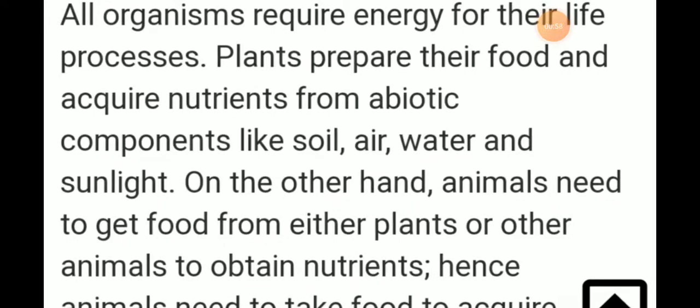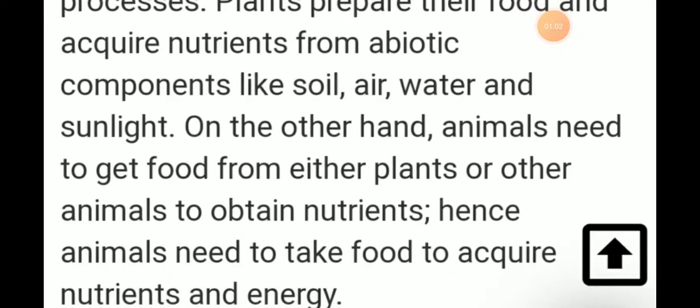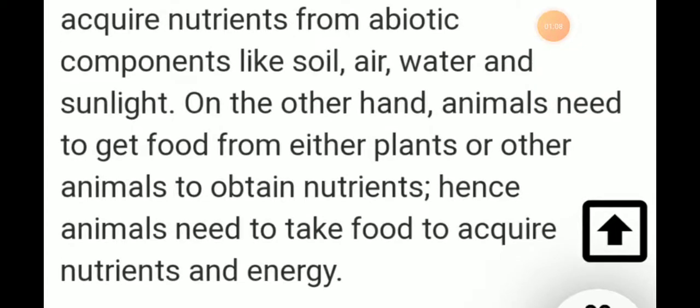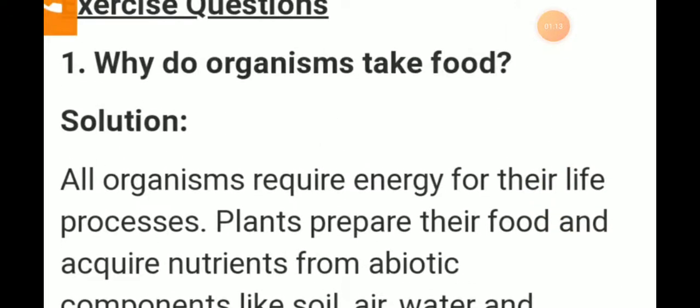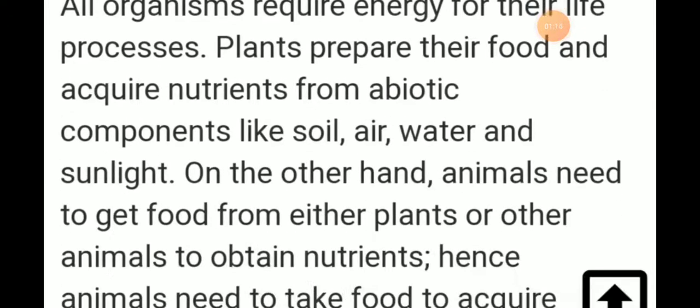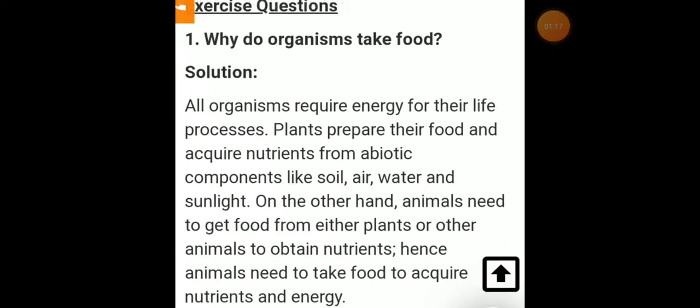On the other hand, animals need to get food from either plants or other animals to obtain nutrients. Hence, animals need to take food to acquire nutrients and energy. That is why organisms take food.